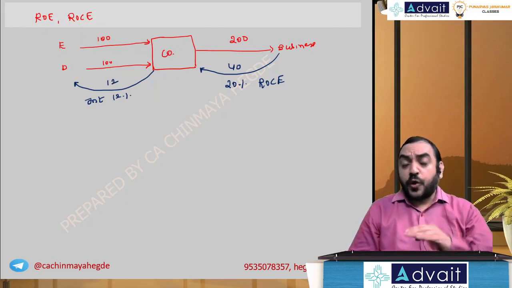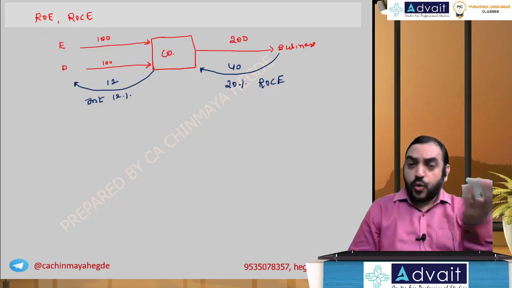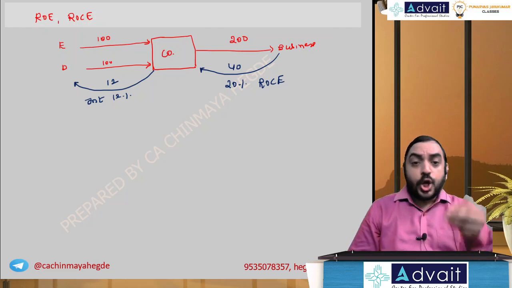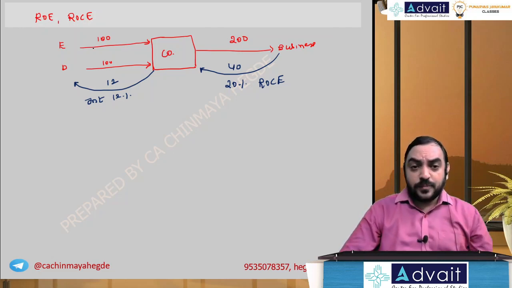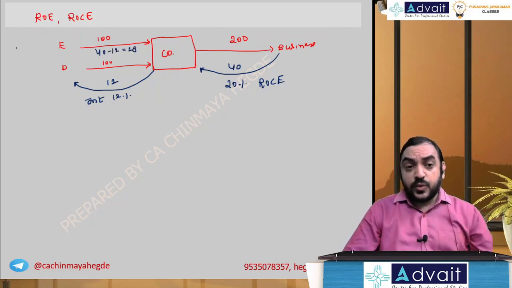Now, if 40 rupees is what you generated, 12 rupees what you paid to debt, how much remains? What remains is 40 minus 12, that becomes 28. So what is the return that equity shareholders have got? 28 rupees for 100 rupees invested. So they have got 28%.